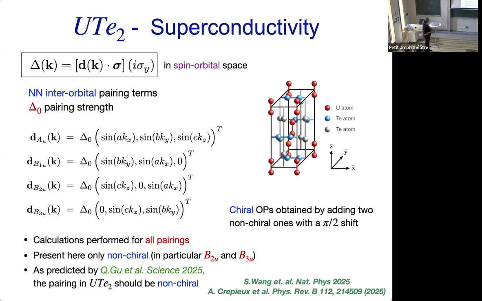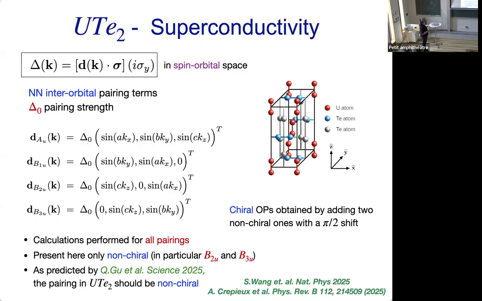And in the paper that Seamus wrote previously in 2025, their measurements, also STM but not QPI, showed that their preliminary STM data are actually consistent with non-chiral order parameters.